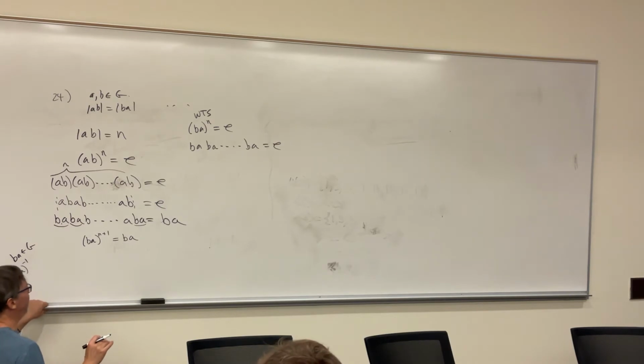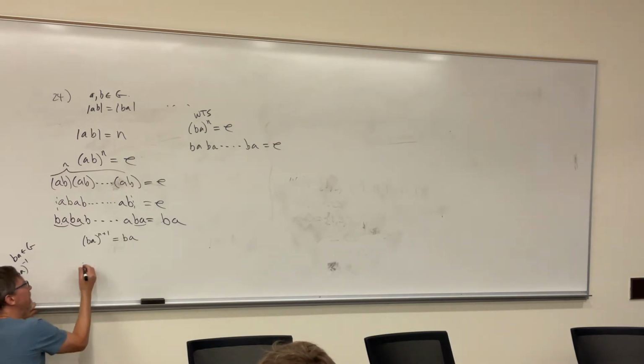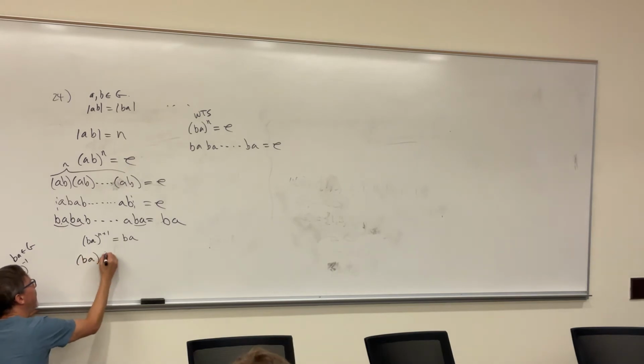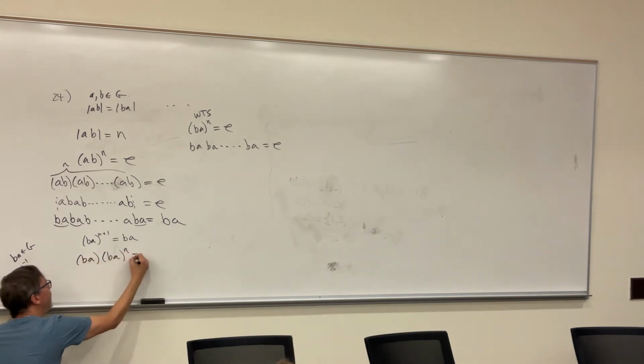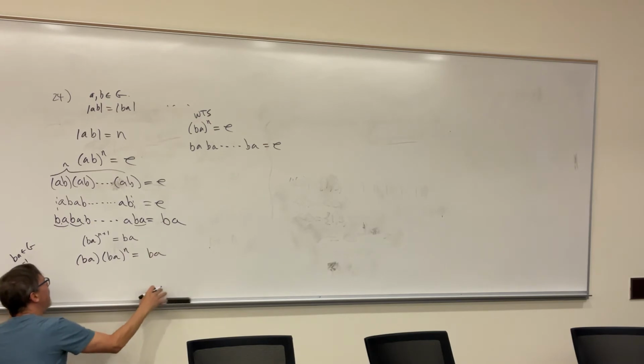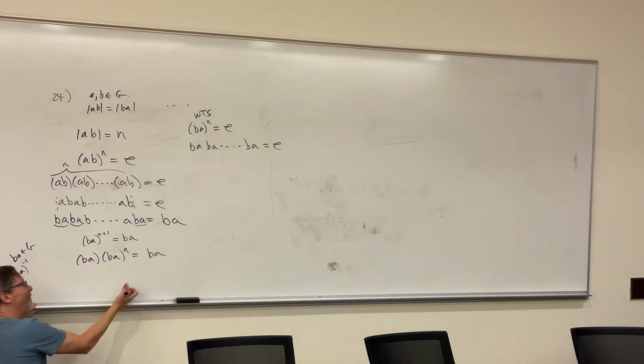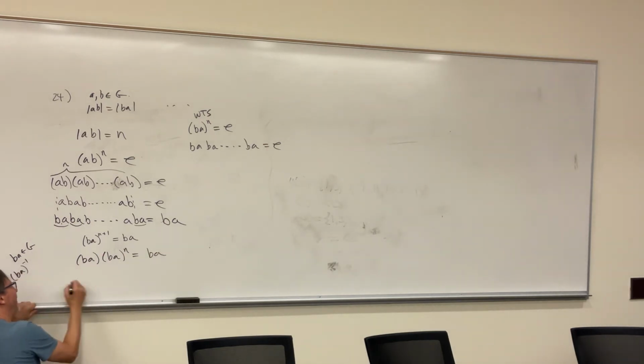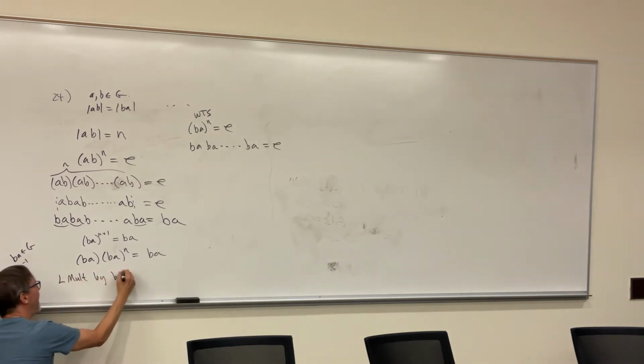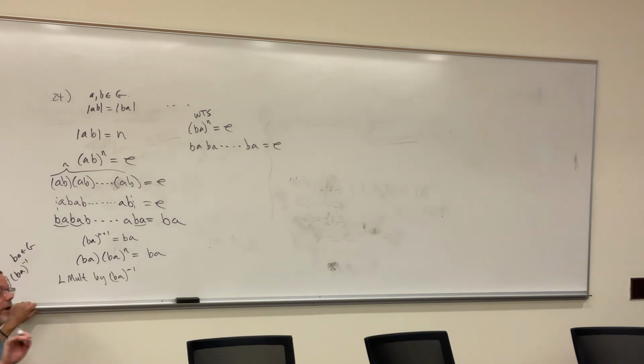Yeah, exactly, so we can just rewrite it like this. It was right in front of us all along. And so then left multiply by BA inverse, and we're good to go.